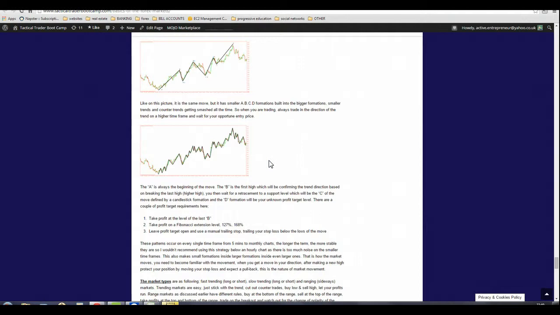Another one would be take profit on a Fibonacci extension level. So this would be a 120% extension or 168% extension, whatever your trading style. You should have a little look into Fibonacci's and their extension levels.